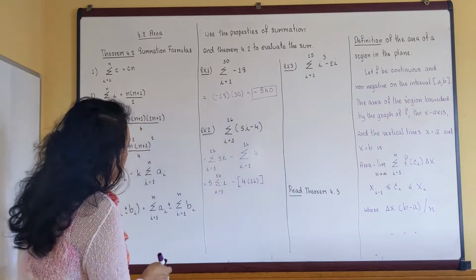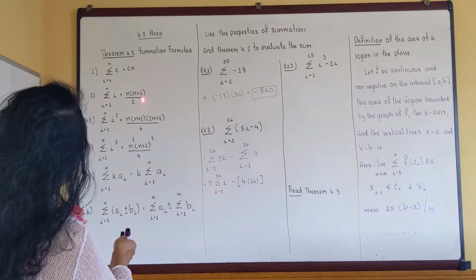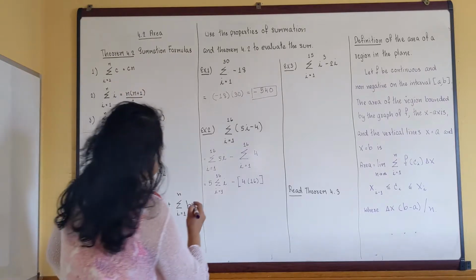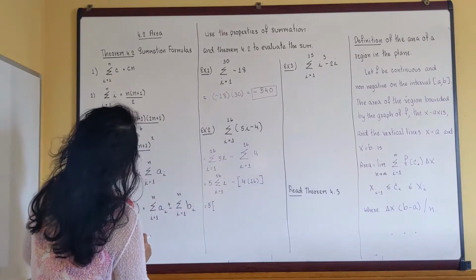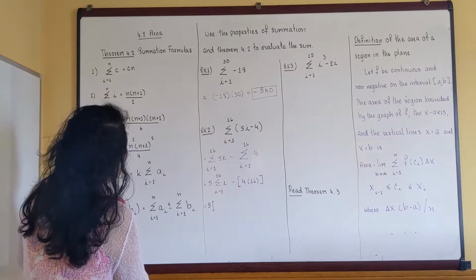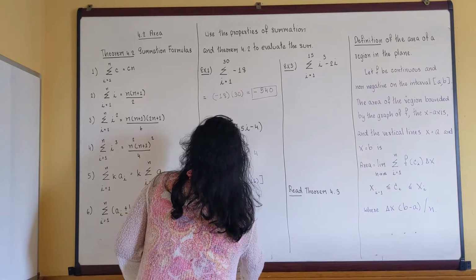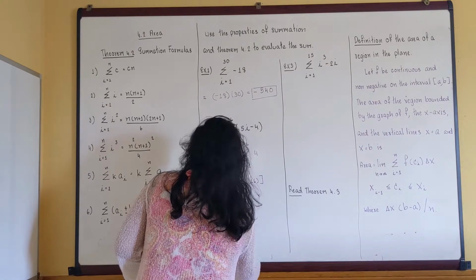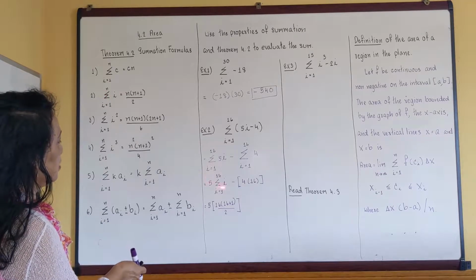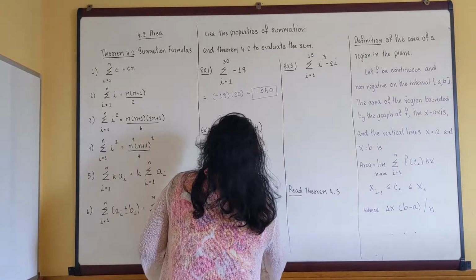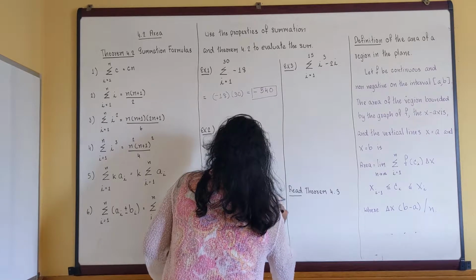Now I'm not finished with the first term. I have sigma, i from 1 to 16, of i, so I'm going to use the second property here. So I'm going to have 5 times 16 times 16 plus 1 over 2, using the second property for the first term, minus 4 times 16.